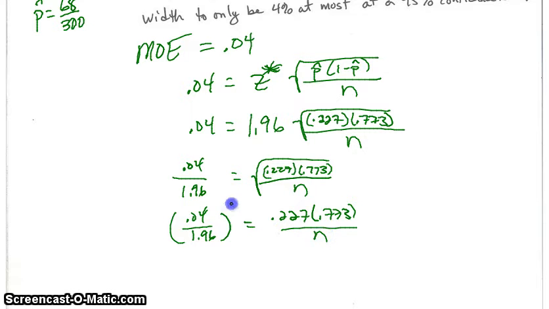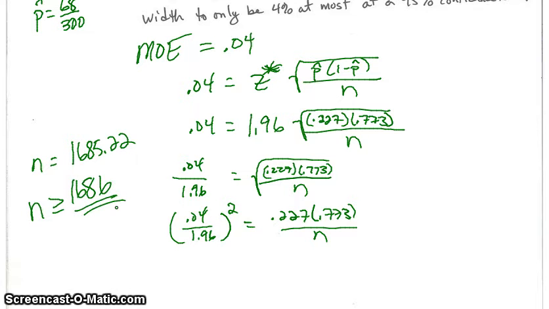I'm going to end up cross multiplying and solving for n, and I'm going to get n as 1685.22, which means n must be greater than or equal to 1686, because we always round up. We do not follow regular rounding rules because I need my width to be at most 0.04, which means that the margin of error at most is supposed to be 0.02.